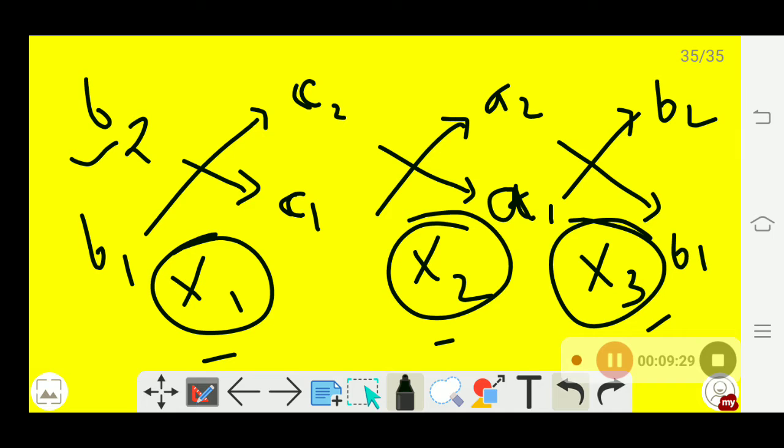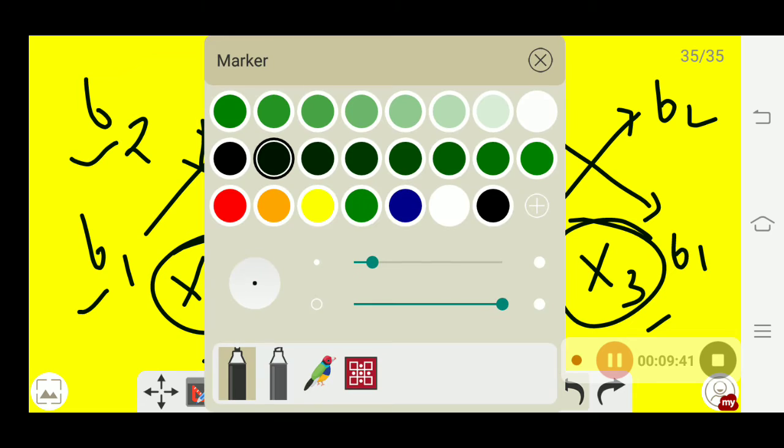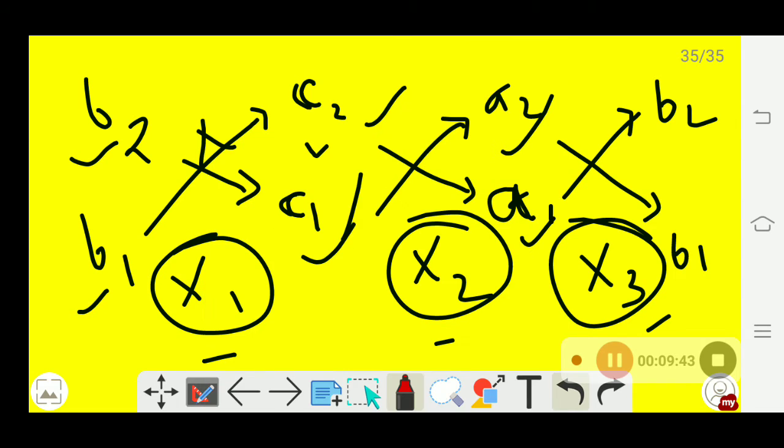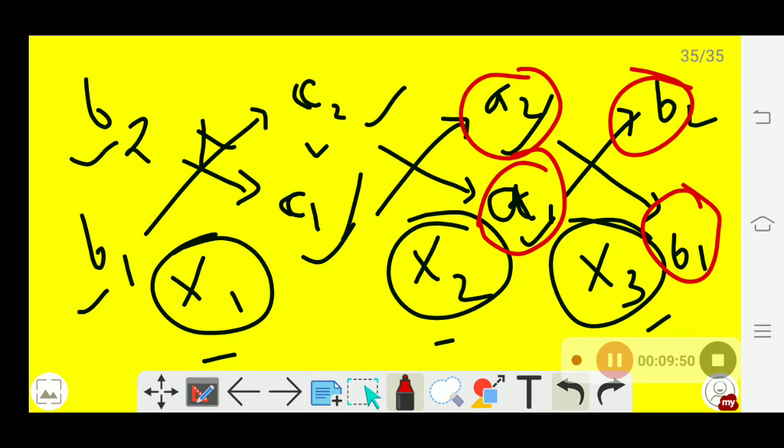It's b2 into c1 minus b1 into c2, again c2 into a1 minus c1 into a2. Similarly, a2 into b1 minus a1 into b2. Okay, this method you have to follow, and above you have to write the variables.